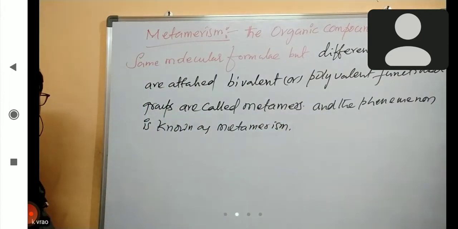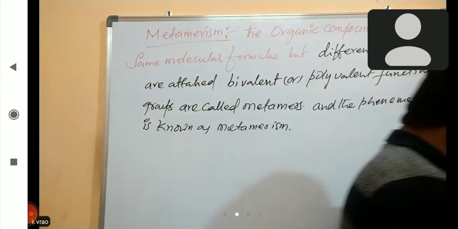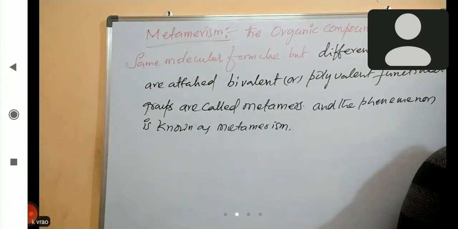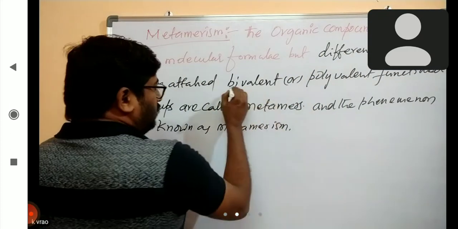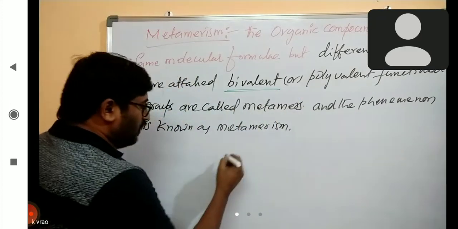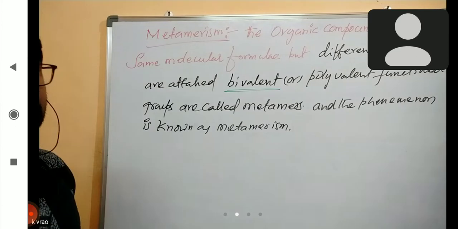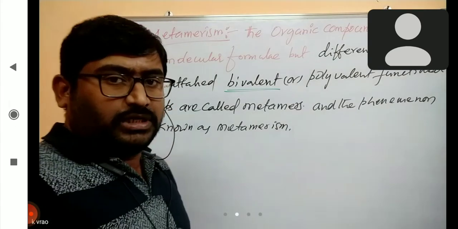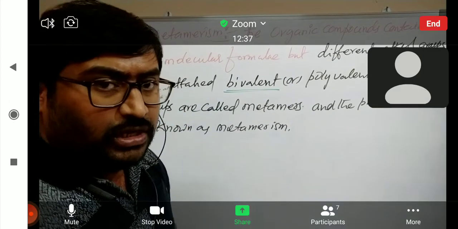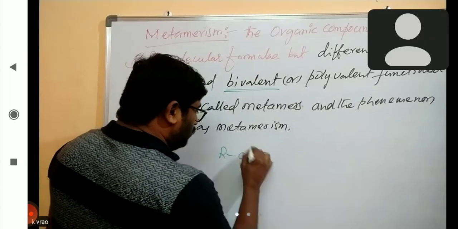What is meant by a bivalent or polyvalent functional group? Bivalent means the functional group is attached to two alkyl groups. That alkyl group may be equal or may not be equal. That is called a bivalent functional group.